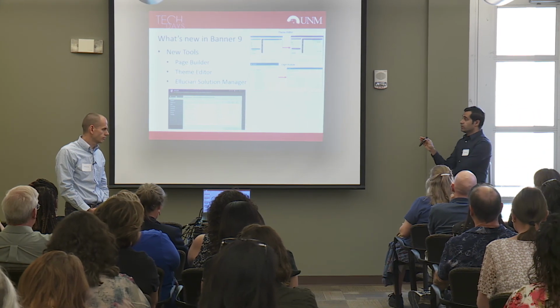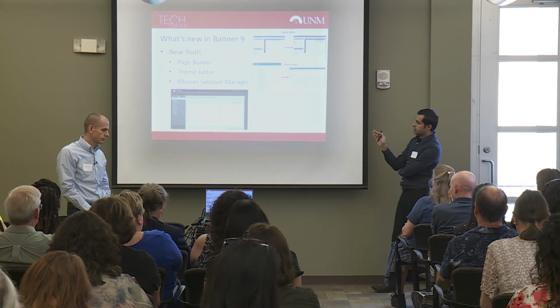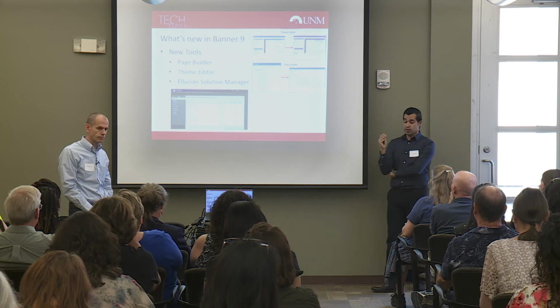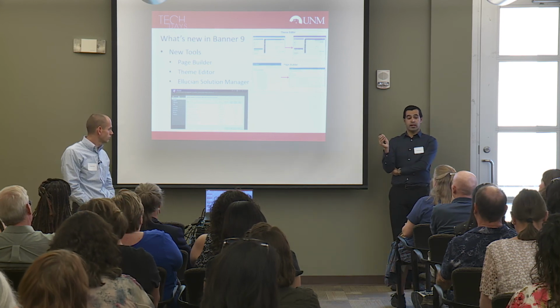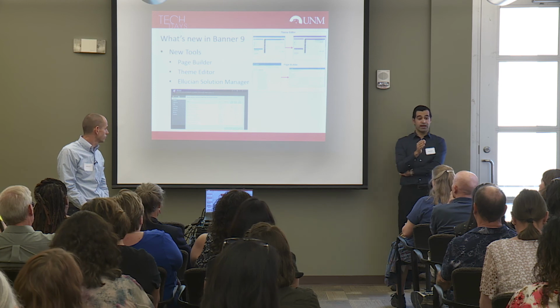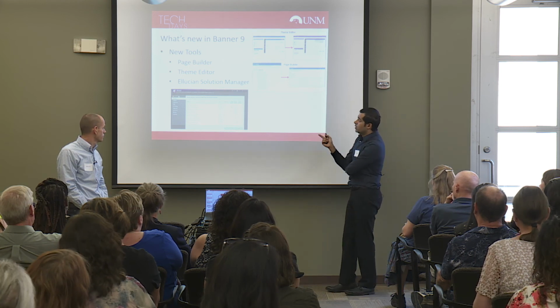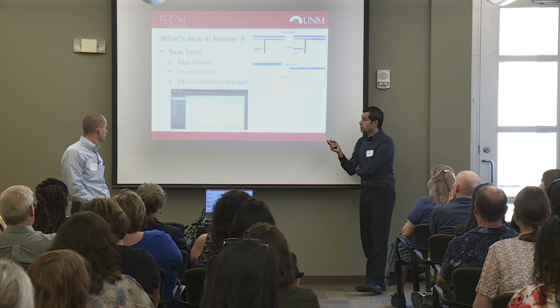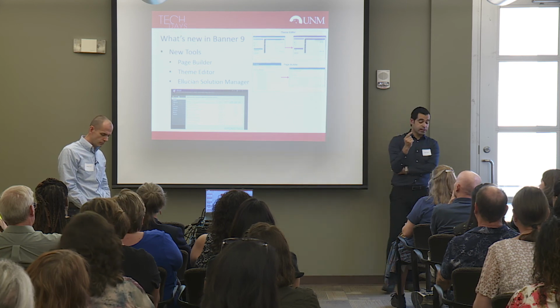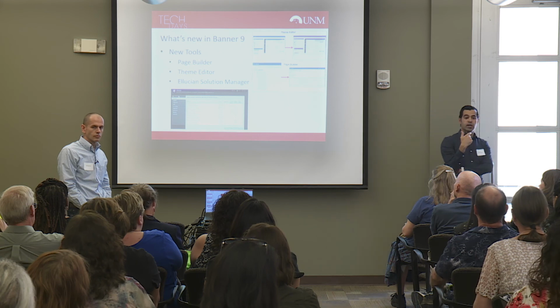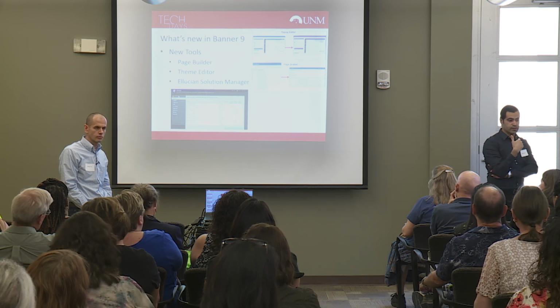But Banner 9 gives us some good tools like Page Builder and Theme Editor to start applying the look and feel for the whole modules that we have in one single place. The Elysium Solution Manager, the ESM, is basically a way of downloading the modules from Banner and any upgrades.